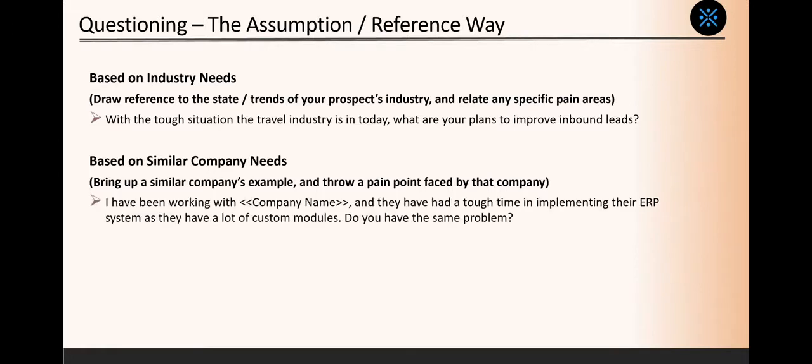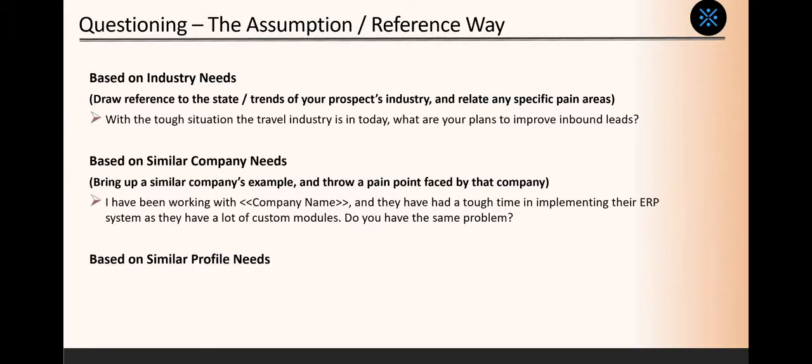So you can tell them, I've been working with so-and-so company and they've had a tough time implementing their ERP system as they have a lot of custom modules, because your type of company, you can't go with the standard ERP. You have a lot of custom modules. Do you have that same problem? Right. So you are bringing in a reference of another company who is similar to them and you're throwing a pain at them.